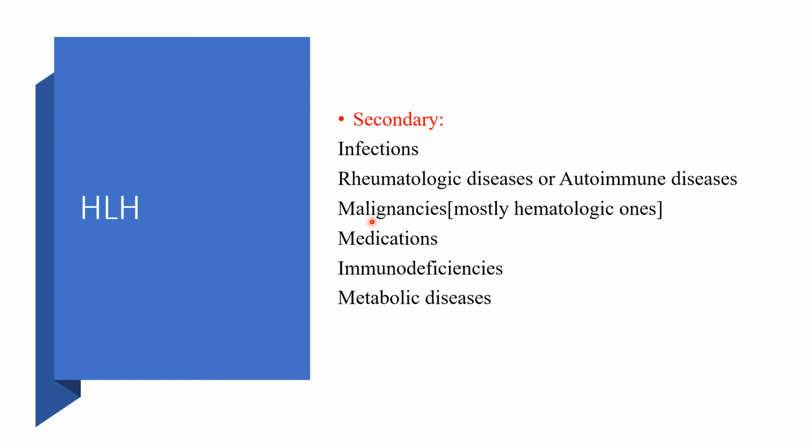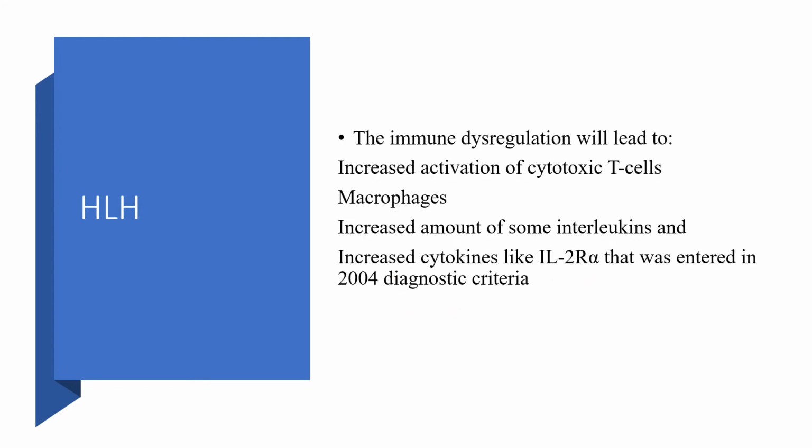Here might be a result of malignancy, mostly hematological malignancies, or certain medications, or immunodeficiency conditions, or metabolic diseases. In HLH, there will be immune dysregulation, and this will lead to a lot of events. One is increased activation of cytotoxic T cells. Macrophages will be in place, increased amount of some interleukins, increased cytokines, and so on.